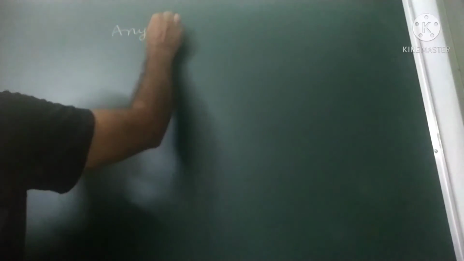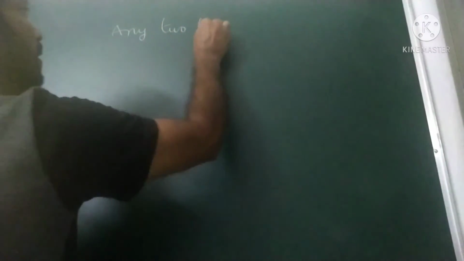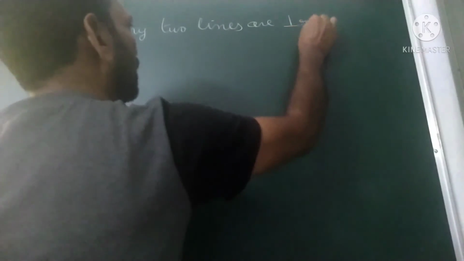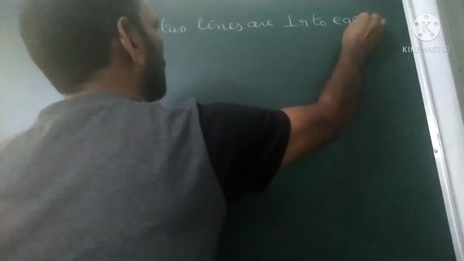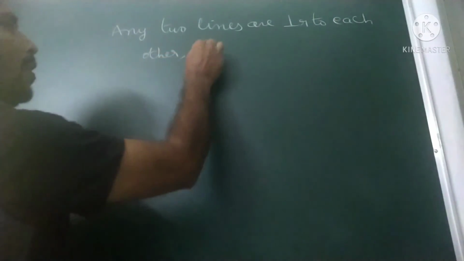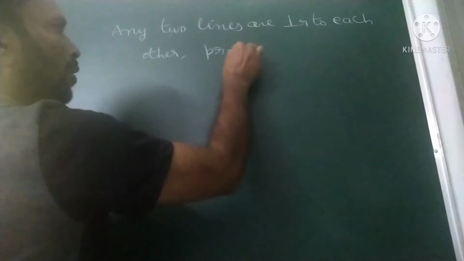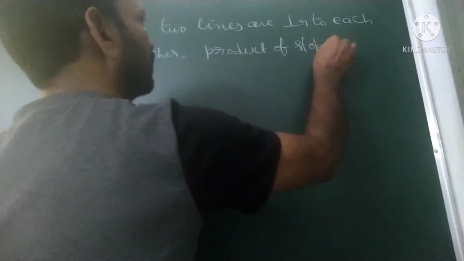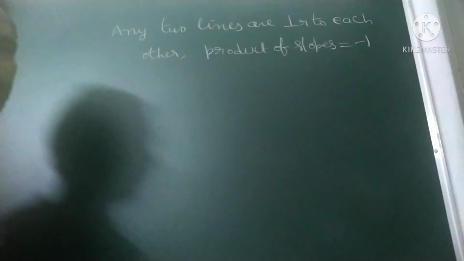So till now we discussed the parallel lines and some problems on that. Now perpendicular lines. Any two lines that are perpendicular to each other, the product of slopes is equal to minus 1.